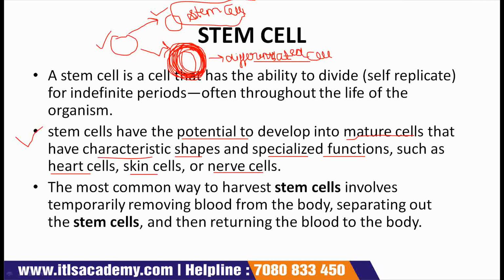So if we talk about the use of stem cells, how can we use this particular stem cell for any purpose? Some uses of stem cells are that we can grow new cells in the laboratory to replace damaged organs or tissues.